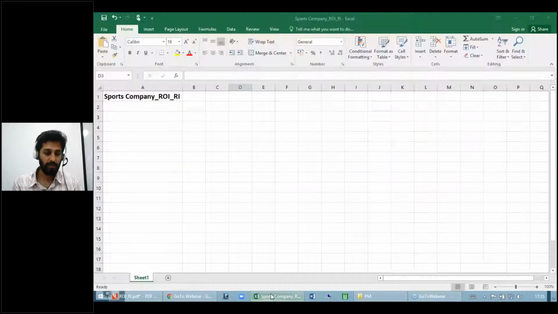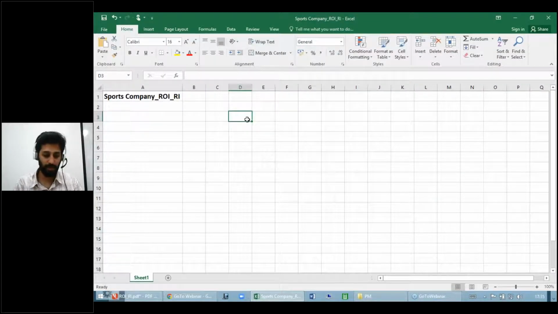So I'm drawing two columns here, one for division C and here division E. I'm just writing 000 because we need to ignore the figures of 000.